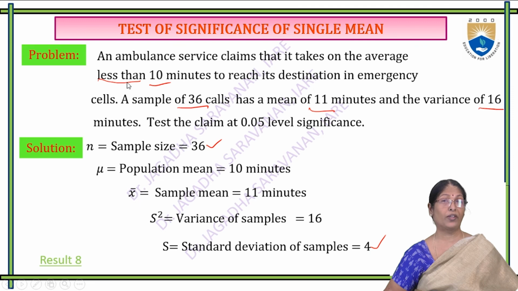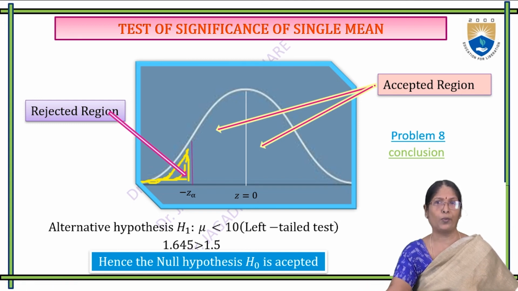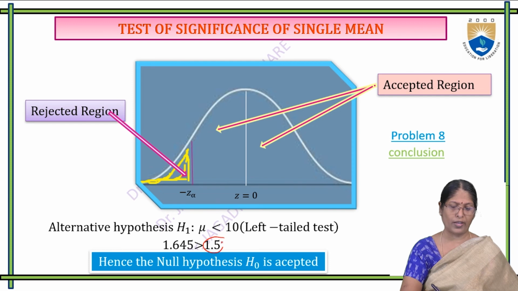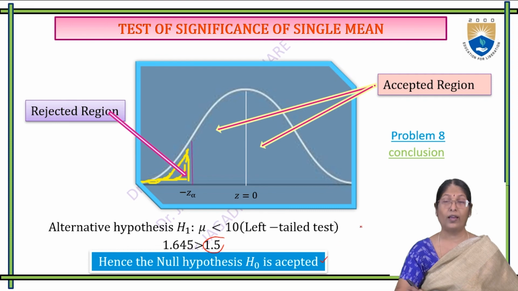If this less than is not given, we can take the two-tailed test. If it is more than, we will move to the right tail. So here the tabulated value 1.645 is greater than our calculated value, so the null hypothesis is accepted.